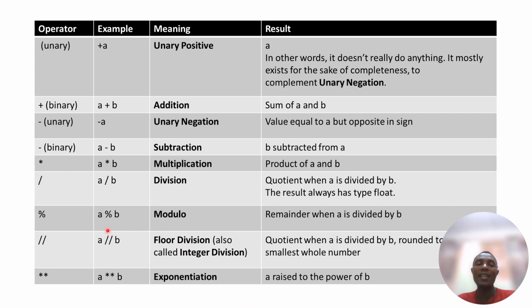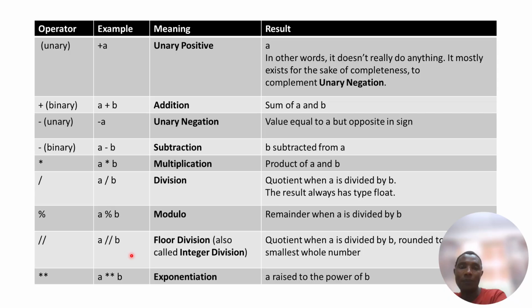Percentage, we want to find the remainder of those two numbers, between the divisor and the dividend, the one on which the division is being taken, the quotient. When a is divided by b, the result always has type float. The result will always be type float, because as you are making all those divisions, there could be some remainder, so you simply put some decimal points on.